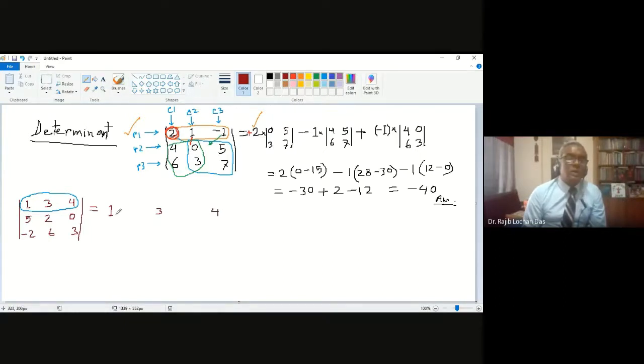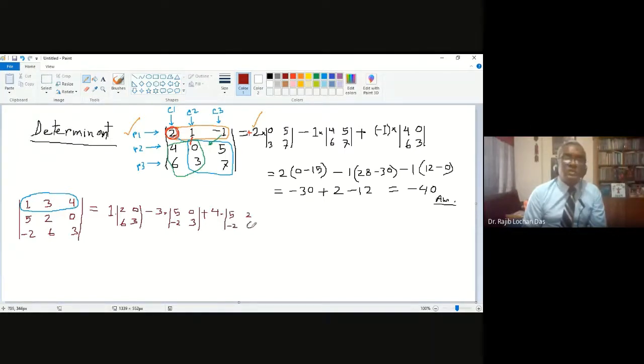You write 1 into one determinant, that is 2, 0, 6, 3, and then minus for 3, and then one smaller determinant, 5, 0, minus 2, 3, and then plus sign for 4, another small determinant, 5, 2, minus 2, 6.